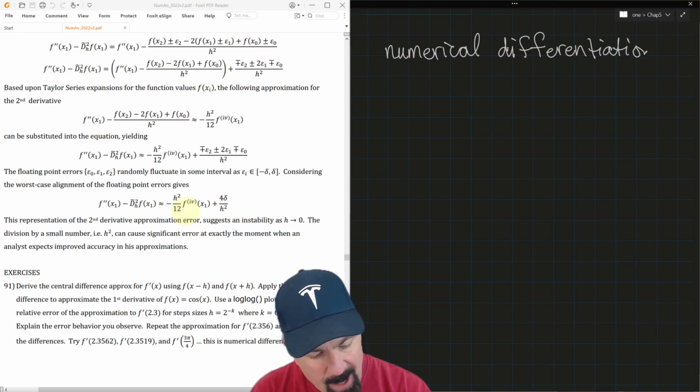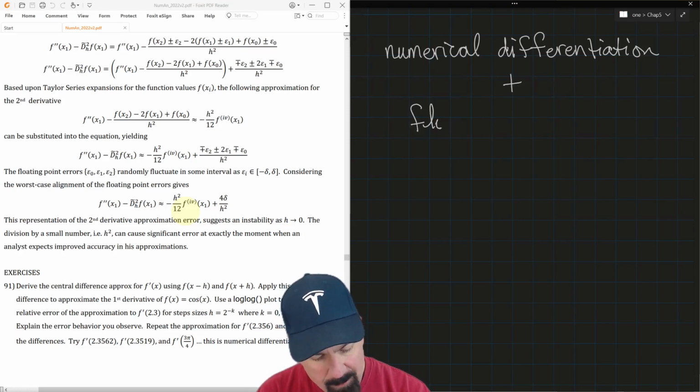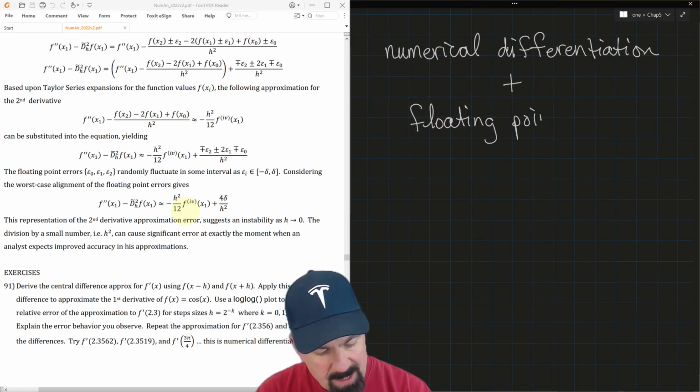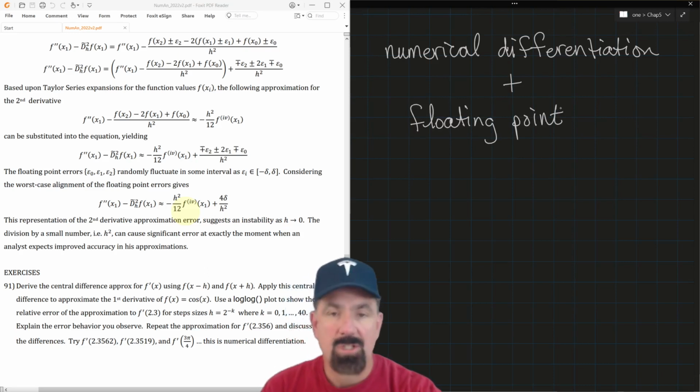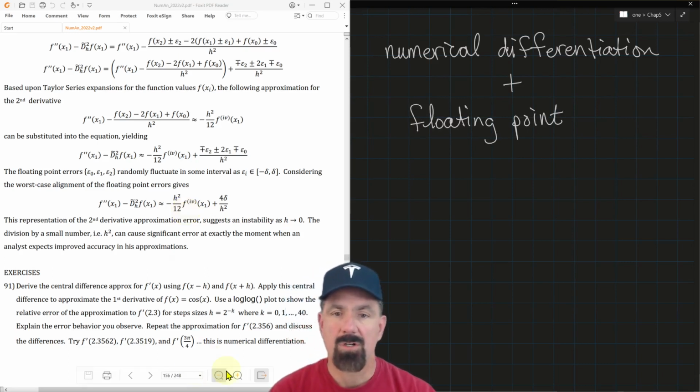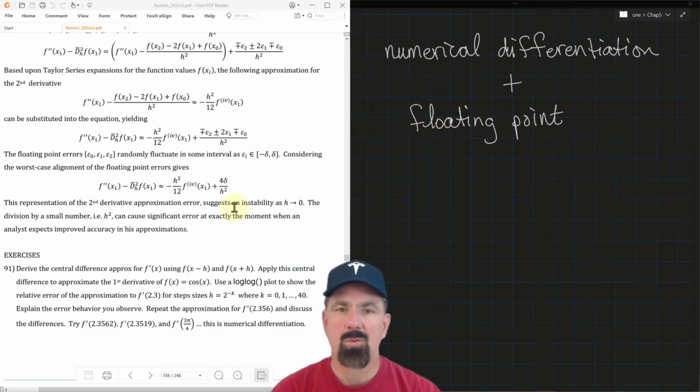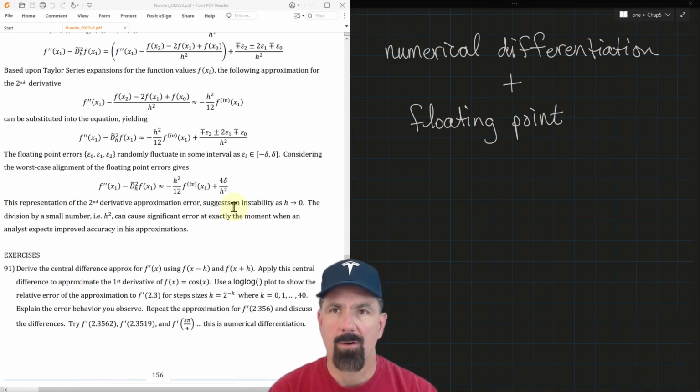We also have error associated with floating point. And this is the double precision representation of the numbers in floating point. So what we want to do is understand how these errors interact with one another.